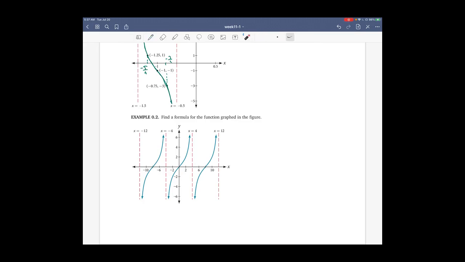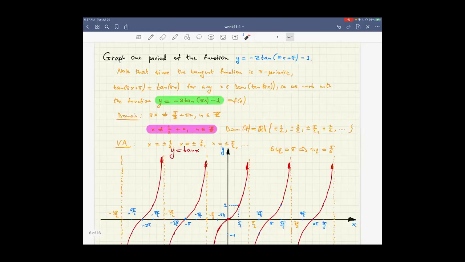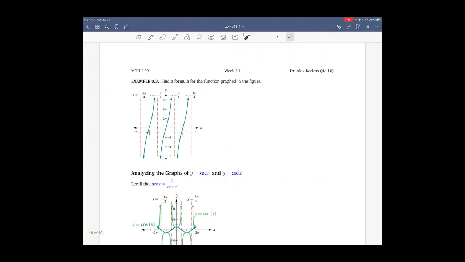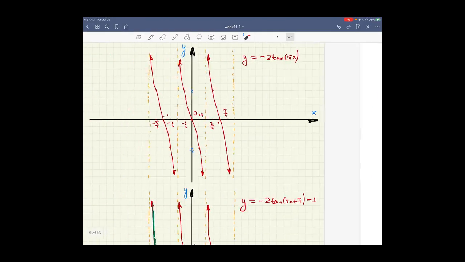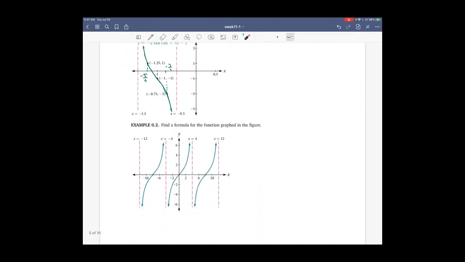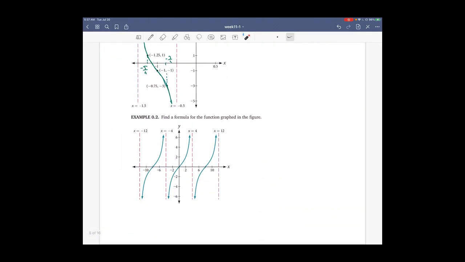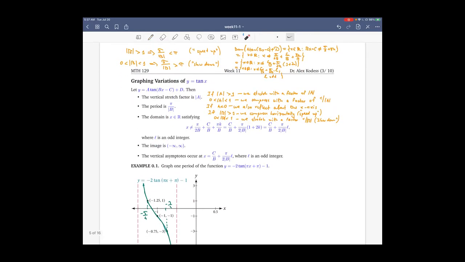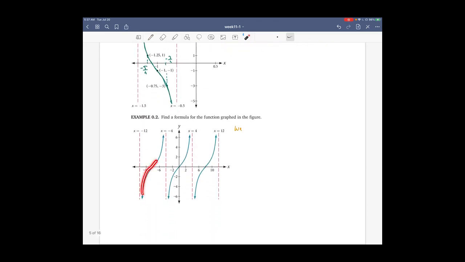In the next two examples, in this one and the one on the next page, we need to recognize the given graph as some variation of the tangent function. In the first of these two examples, we can look for a function in the form a times tangent of bx minus c plus d, because the graph indeed looks like some kind of tangent function, so it seems a reasonable choice.